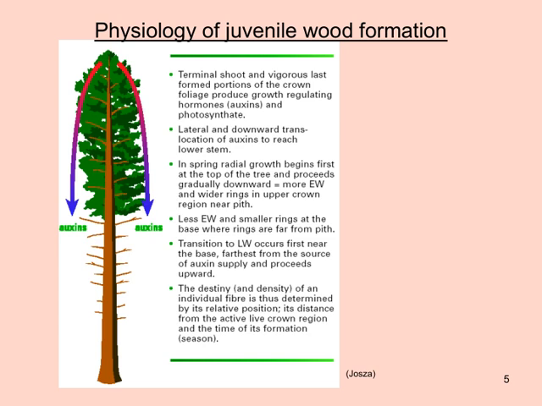The key point here is that juvenile wood formation is driven by the biological processes within the cambium, the layer of cells responsible for producing new xylem and phloem. During this phase, the cambium cells are highly active, and the environmental conditions, like temperature and water availability, also influence how they develop.